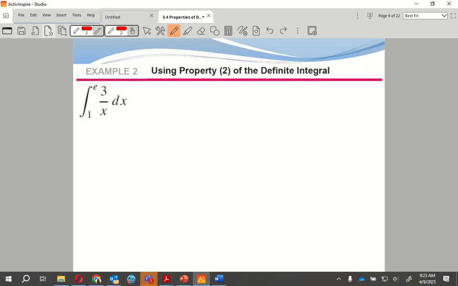So this one right here, all right, Christian, what would my constant here be? You're taking it out of the function, not of the bounds. So the constant would be 3. Yeah, it'd be 3. So I rewrite this as 3.